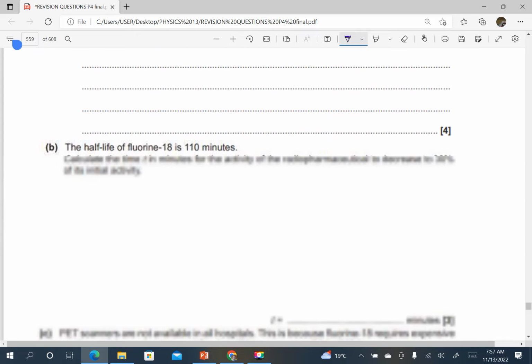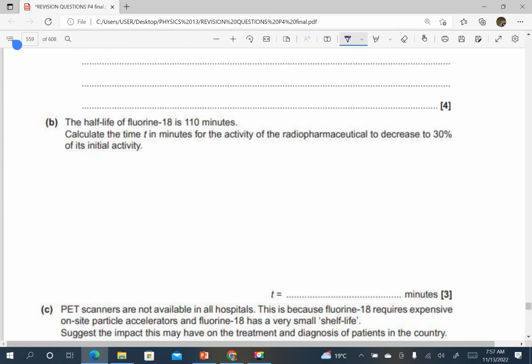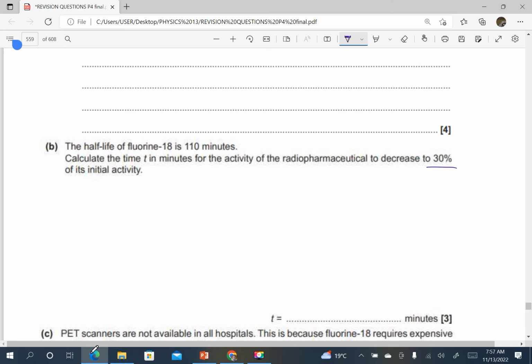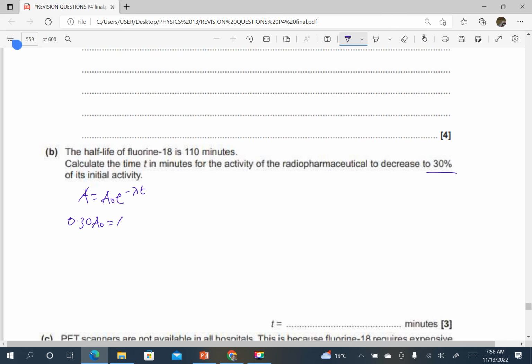Okay. The half-life of fluorine 18 is 110 minutes. Calculate the time t in minutes for the activity of radiopharmaceutical to decrease to 30%. So we know from nuclear physics, activity is equal to A naught e power negative lambda times t. So the activity should be 30% of the initial if the initial is A naught. So this is going to be 0.30 of A naught equaling A naught e power negative the decay constant.